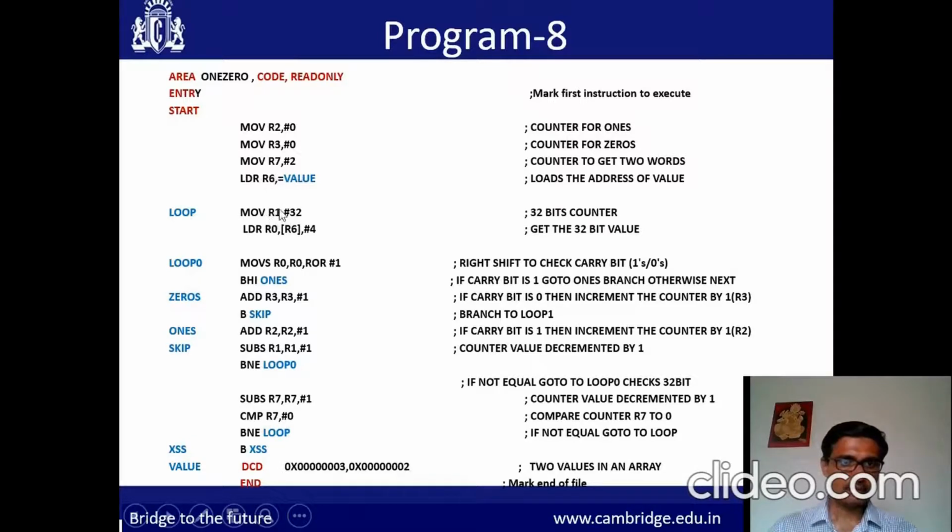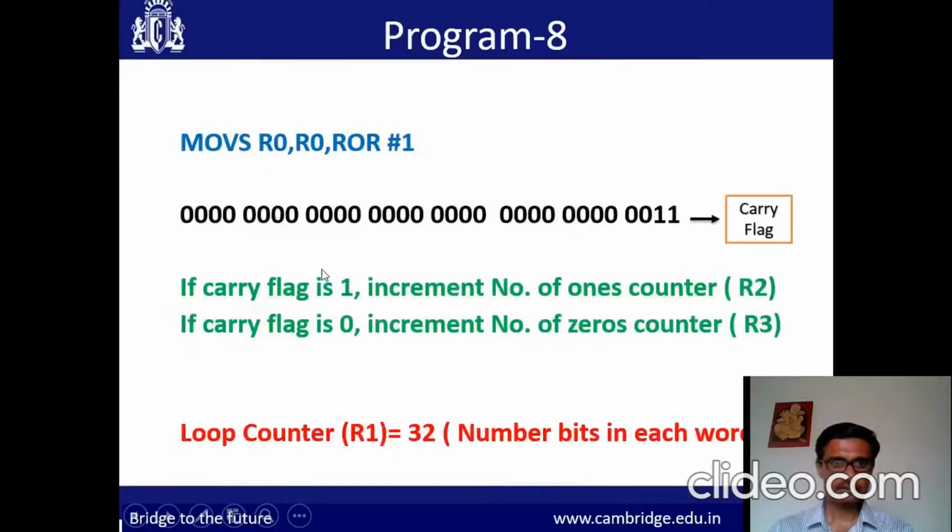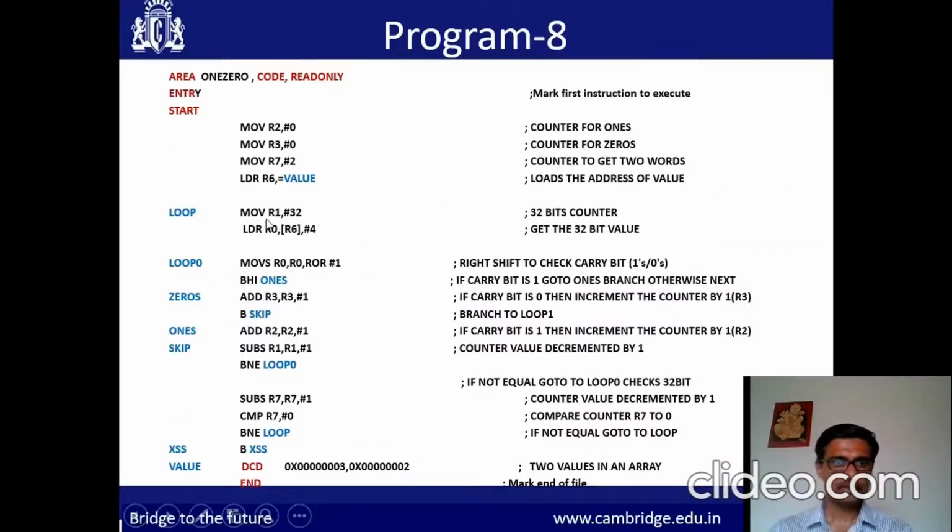R1 is another counter. Which counter is that? This loop counter is used for rotation. It should be initialized with 32. So here, MOV R1, #32. We are initializing R1 with 32, so it acts as the rotation counter.